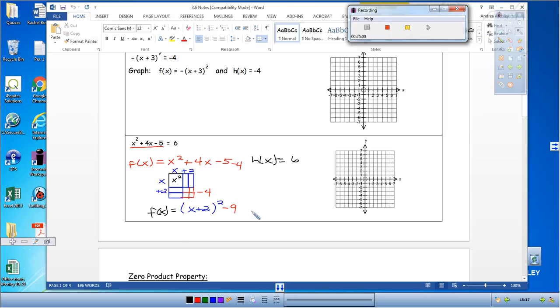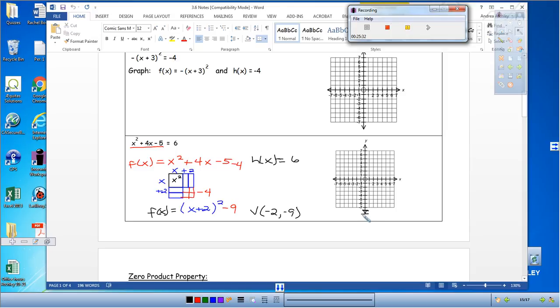So my vertex here is at -2 and -9, which is kind of rough because it goes off my graph, right? So I'm going to go where x is -2 and y is -9, so we're just going to have to add those on.